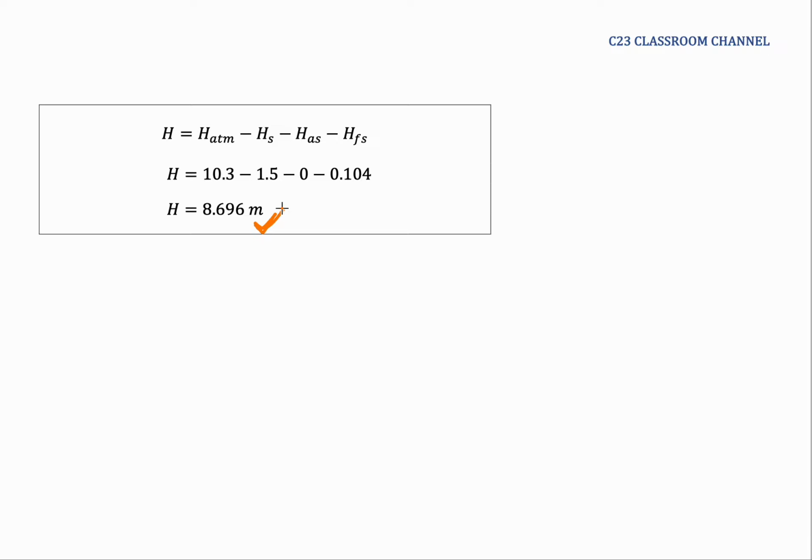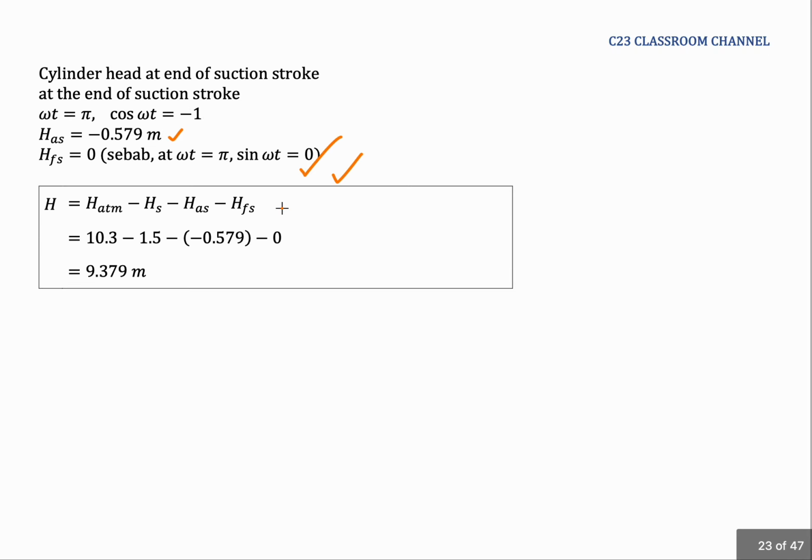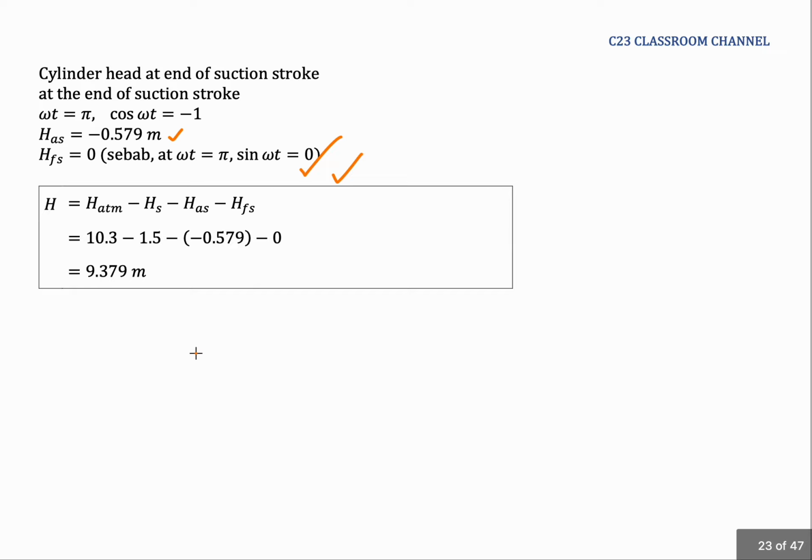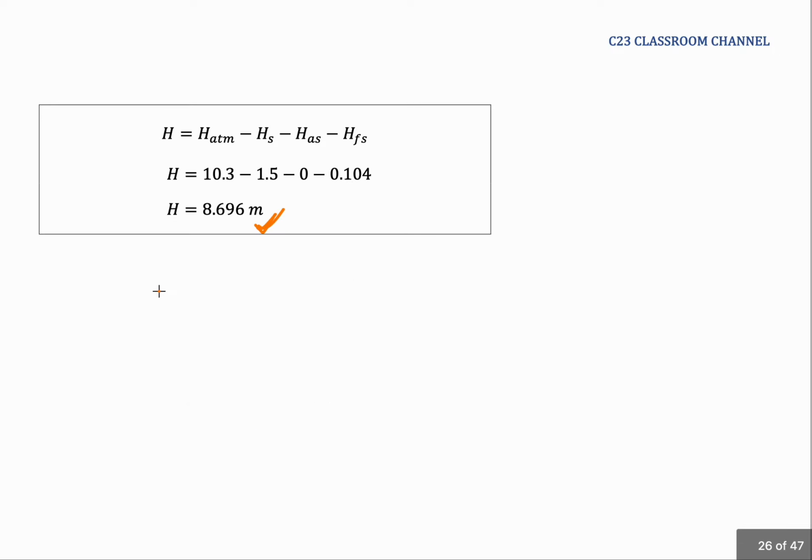If you look at all these values, at the beginning it is 8.2 meters, at the middle it becomes 8.6, and at the end it is 9.379.